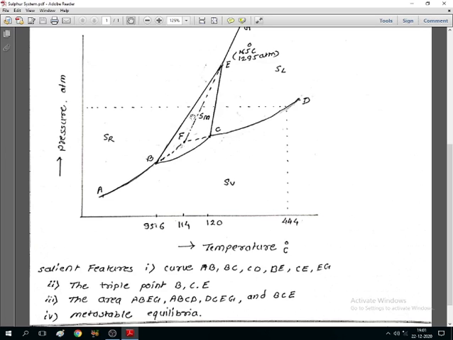Along this CE curve, it is a monoclinic sulfur and this is the liquid sulfur. Along this curve, monoclinic sulfur, liquid sulfur are in equilibrium. सॉलिडचं लिक्विडमध्ये किंवा लिक्विडचं सॉलिडमध्ये कन्वर्शन होतं त्याला आपण फ्युजन म्हणतो. म्हणून हा जो कर्व आहे CE, it is called as fusion curve for the monoclinic sulfur, right? It shows variation of vapor pressure with temperature.